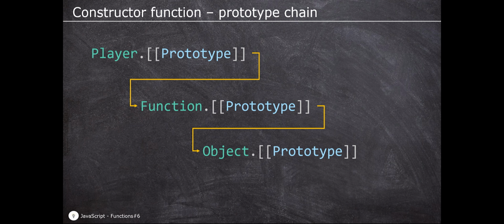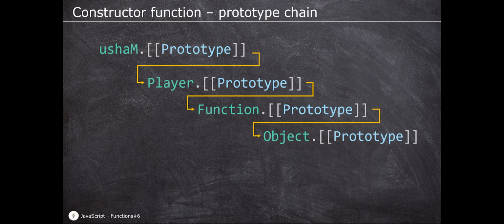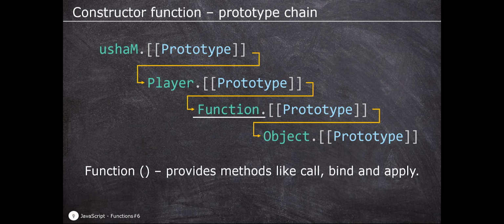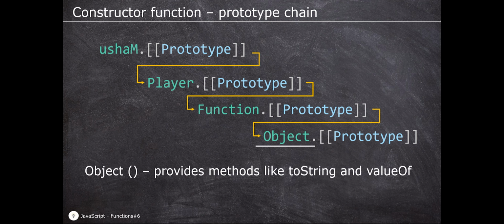So in our example, this is how the hierarchy looks. Object Usha M's __proto__ points to player.prototype, and the player's __proto__ points to Function.prototype, and this provides functions like call, bind, and apply. And the function's __proto__ points to Object, which provides functions like toString and valueOf. And Object is the last point in the prototype chain.